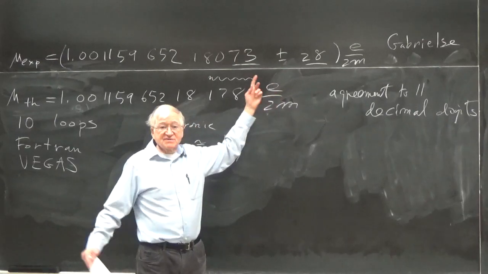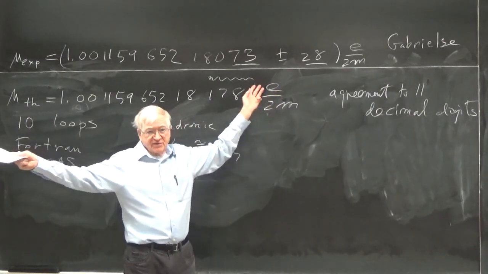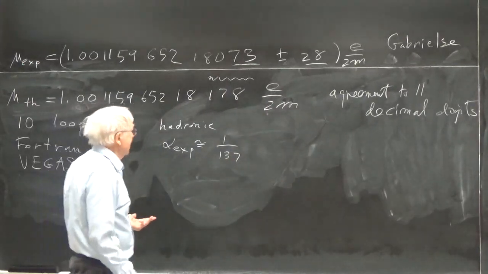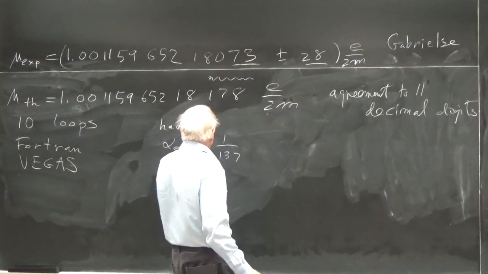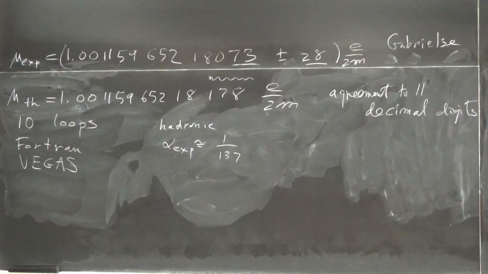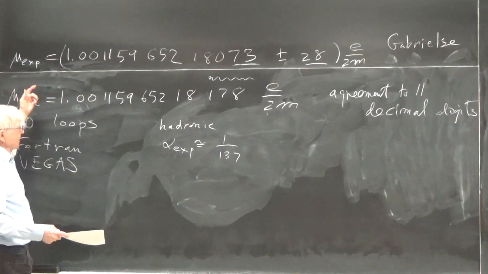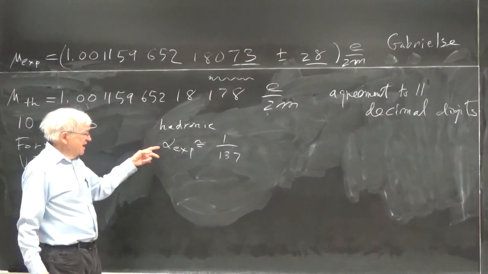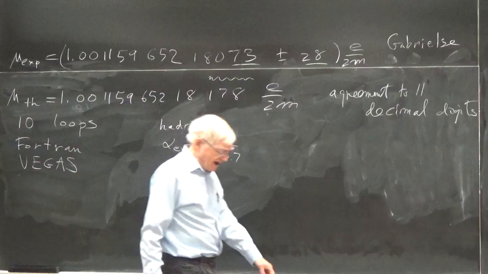What's e? Well, e is essentially the square root of alpha, apart from 4 pi. And so the experimental value of the fine structure constant plays a role here. The disagreement between theory and experiment is mainly due to hadronic effects and uncertainty in the measurement of alpha.